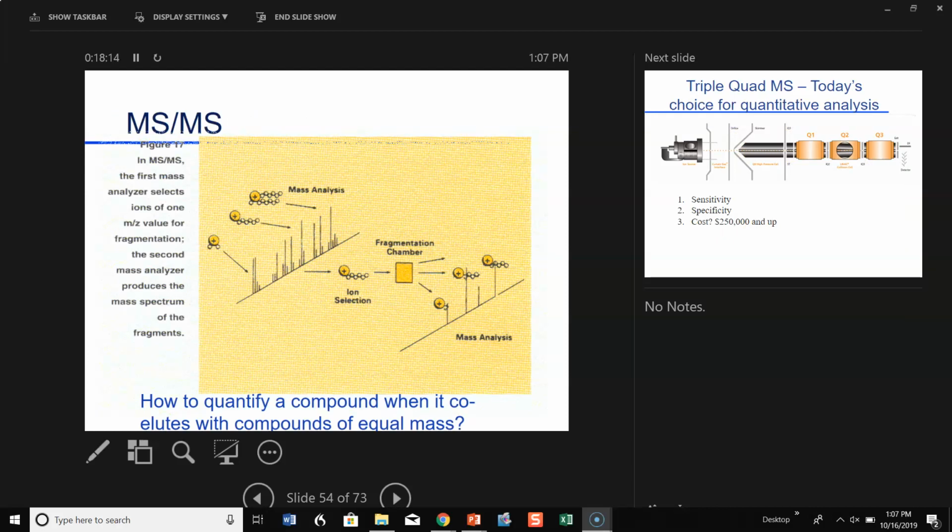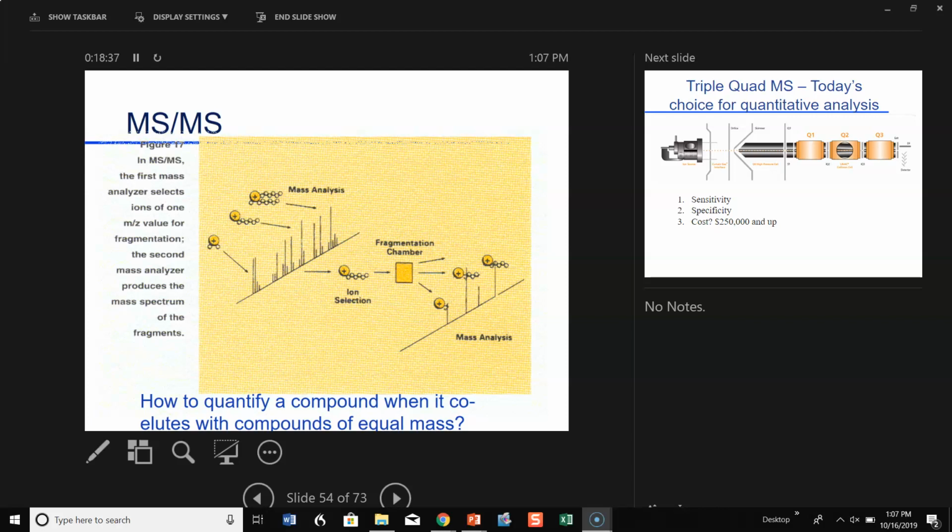We can also do 2-dimensional mass spectrometry. So what we do is we take a mass spectrum of a compound, and that will have all kinds of fragments. But then you can select certain fragments and bust them into more fragments. So it's really neat, 2-dimensional. We do one mass spectrum, and then a second mass spectrum of each of the pieces.